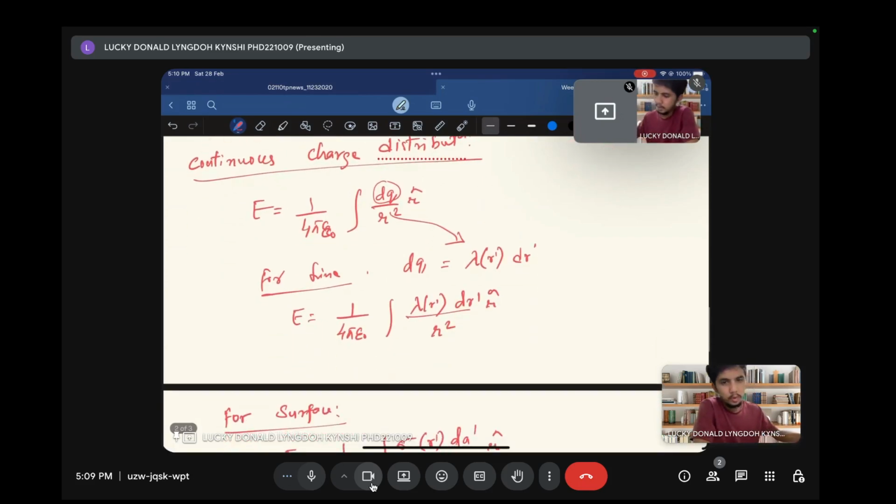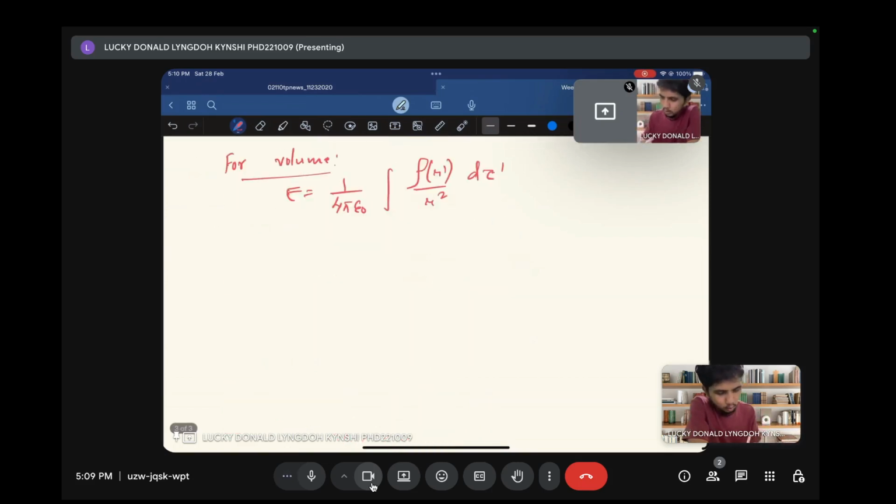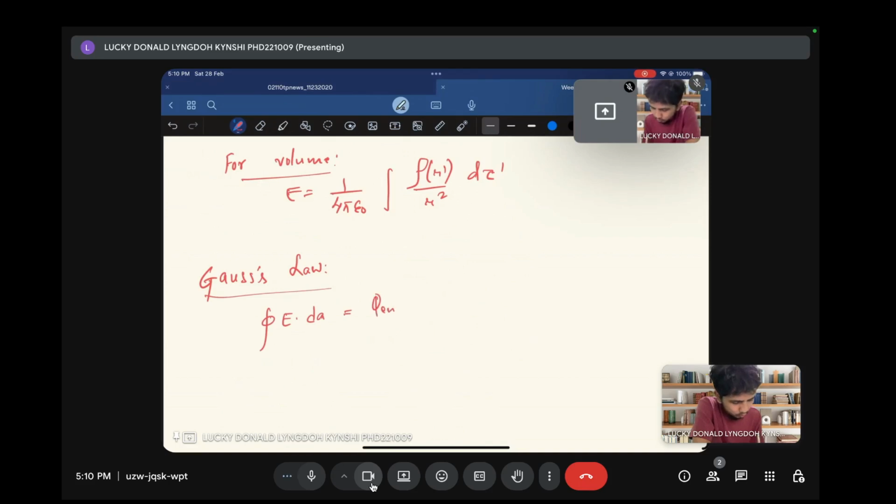Another important formula that you will encounter is Gauss's law. What does Gauss's law say? Gauss's law says that the closed integral of E dot dA is equal to q enclosed by epsilon naught. What does it mean?